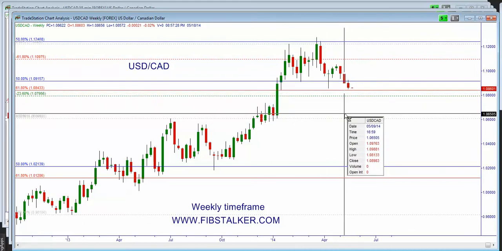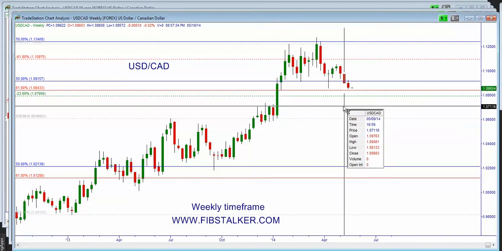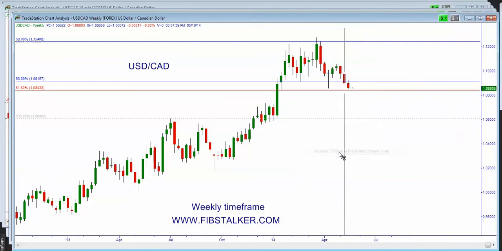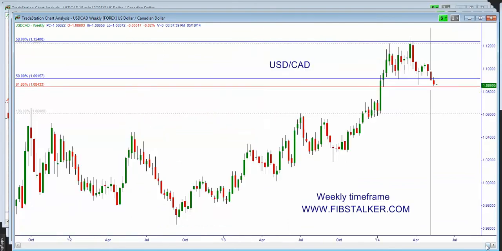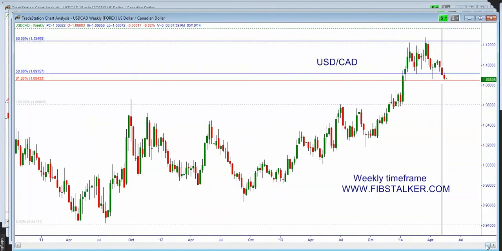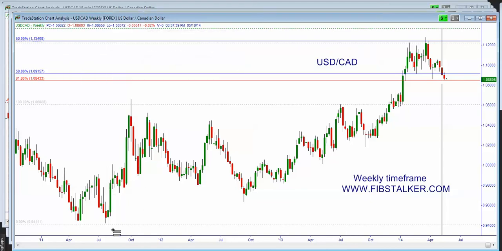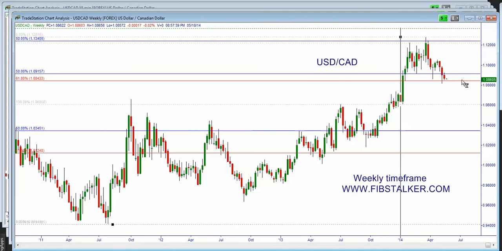But 2 weeks ago this market failed this level, so to me this market now is going to retrace, has the potential to retrace all the way halfway back from these lows in July last year. So very similar to a lot of other markets, the euro dollar, the Canadian, the pound versus the US dollar, and also here the US dollar versus the Canadian dollar, which actually is the opposite.